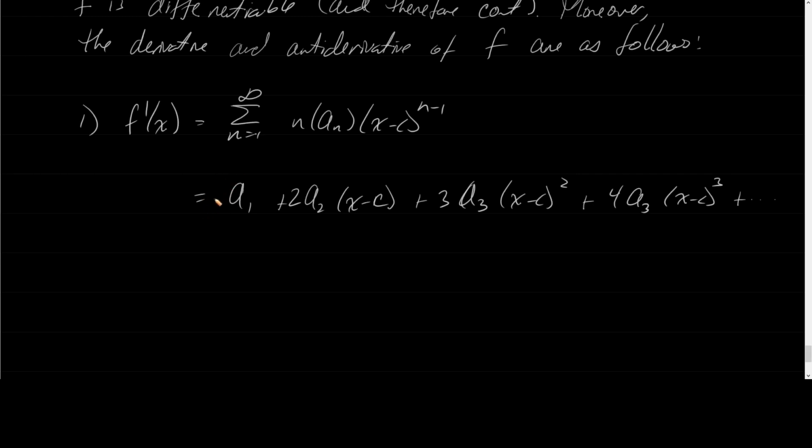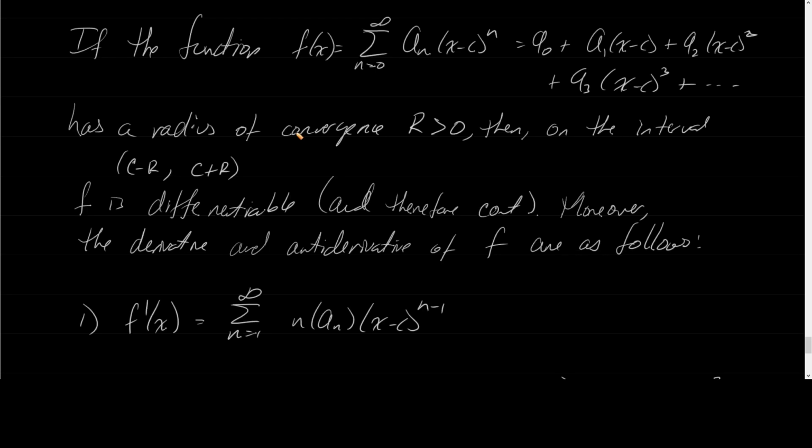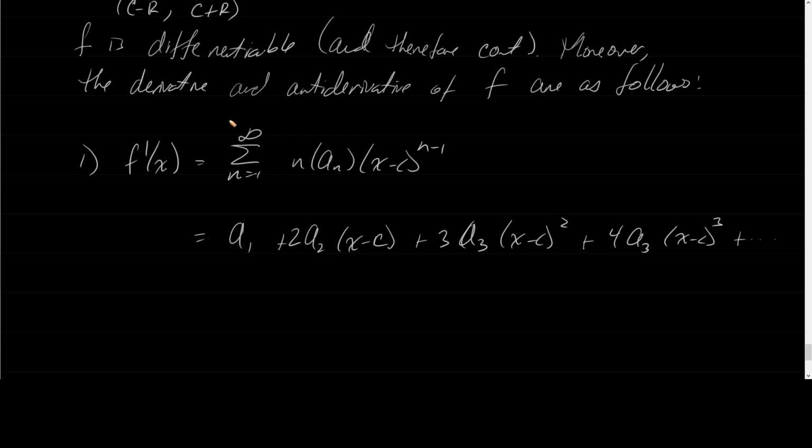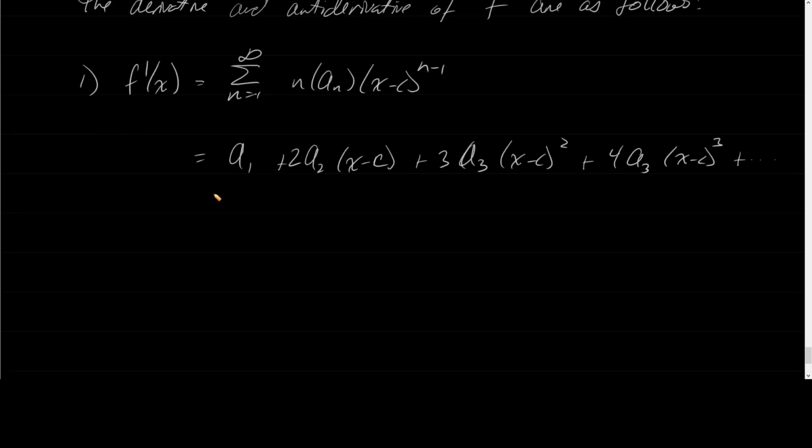So this is one thing to keep in mind. If your power series has a constant term, you're going to lose a term. But if it does not have a constant term, then you're not going to lose a term. In this case, since I'm doing it more generically, where that constant term is possible, I am losing a term here. But again, if your power series did not have a constant term, then you would not be losing any terms there. All right. So that's the derivative.